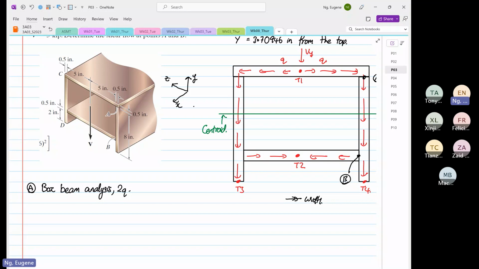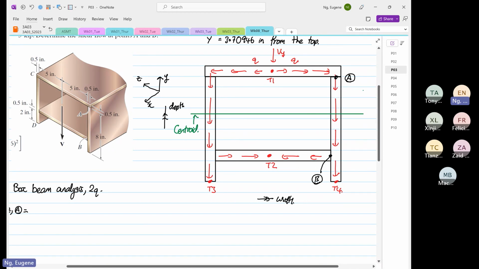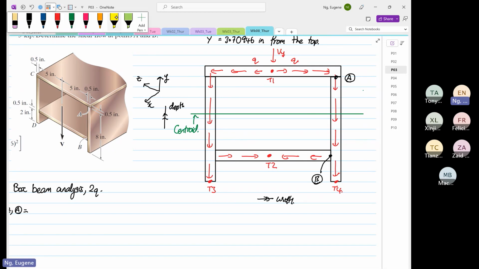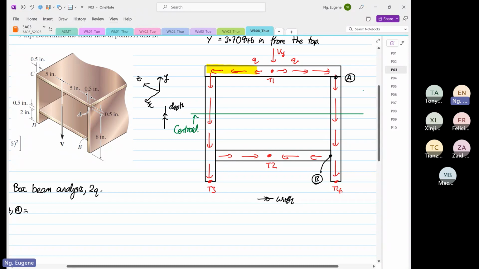And we are aware that this will be our depth now, okay? Because the centroid or the axis of interest is ZZ, okay? So QZA, I'm going to shade the area that we're going to find. Is this whole area over here.